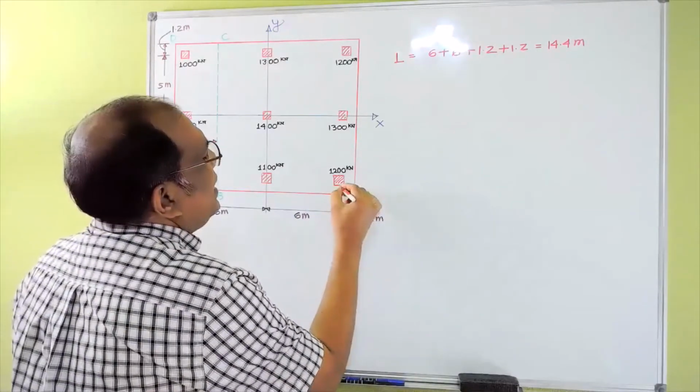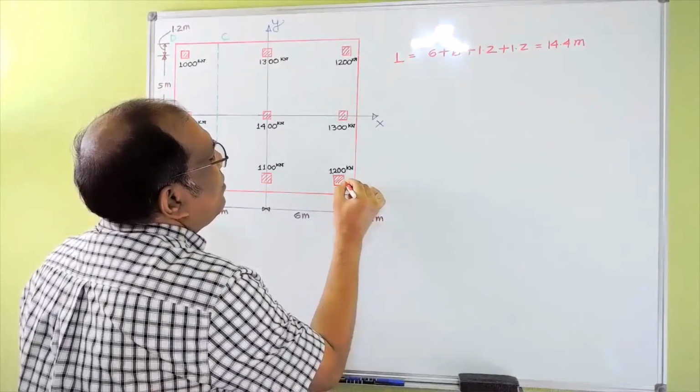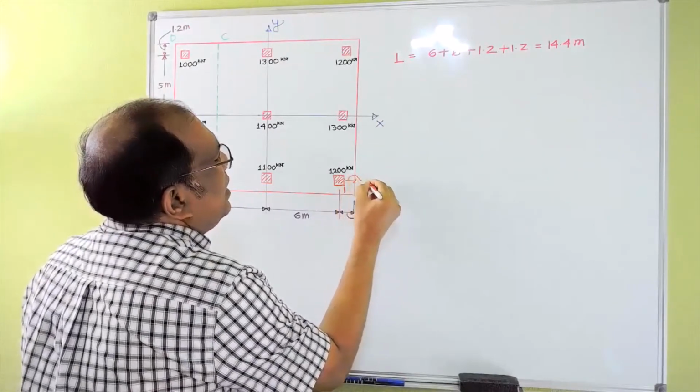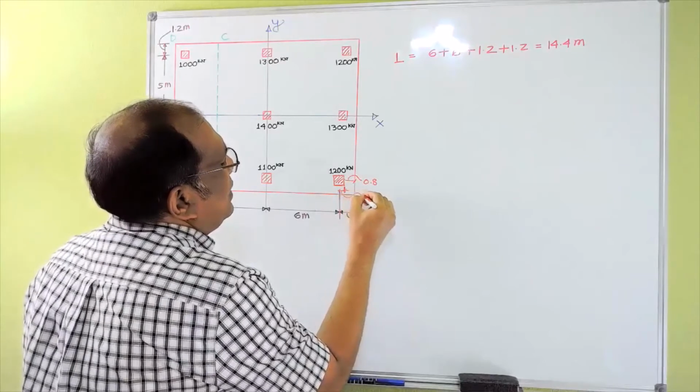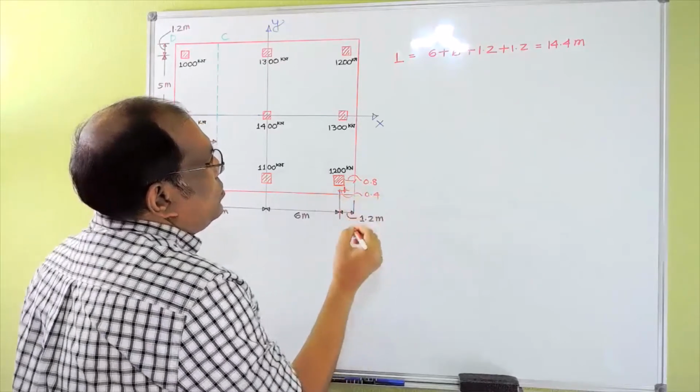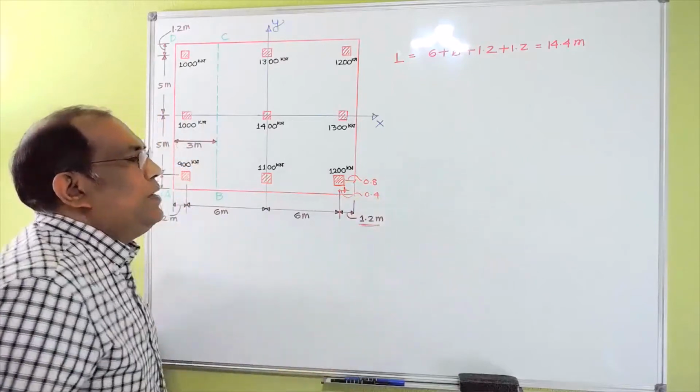So from here it's actually 0.4, and then from here to here that's 0.8, and here to here that's 0.4. So total is 1.2.